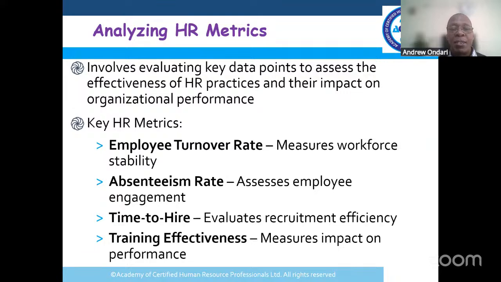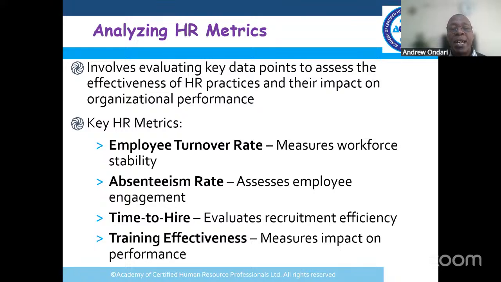Fine. I will state it again. That is the number of people who have left divided by the average number of employees who are remaining. Then you multiply that by 100. So again, how do you get the average number? You take the total number of employees at the beginning of that time.